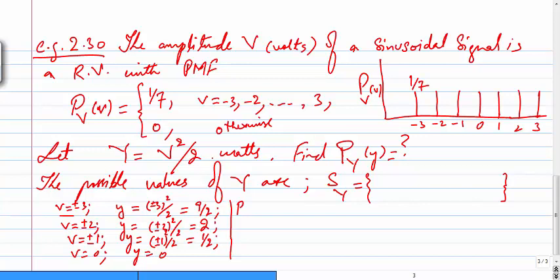if I have to look at the probability when capital Y is equal to 9 by 2, this is equal to the probability, we have to write from x is minus 3 plus f(x) of 3.